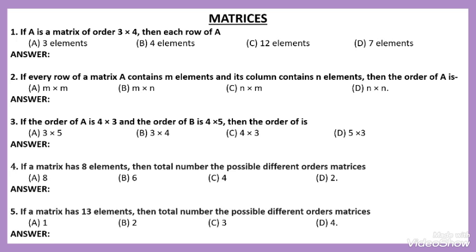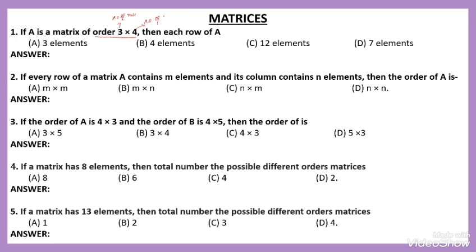Okay, here usually the order of the matrix denotes, here 3 cross 4. 3 indicates the number of rows and 4 indicates the number of columns.